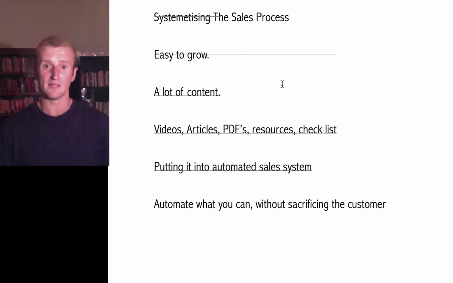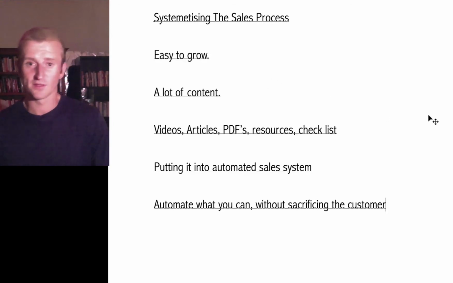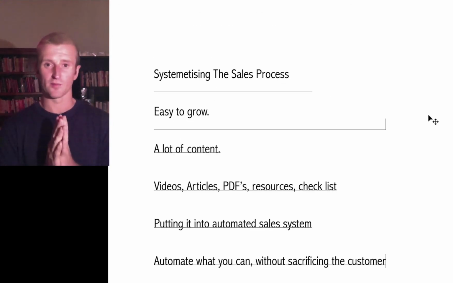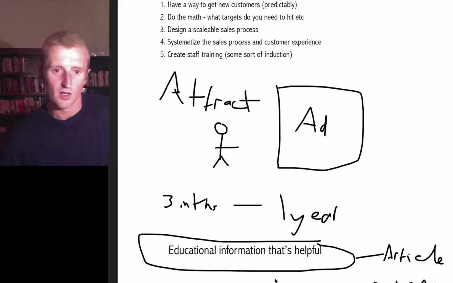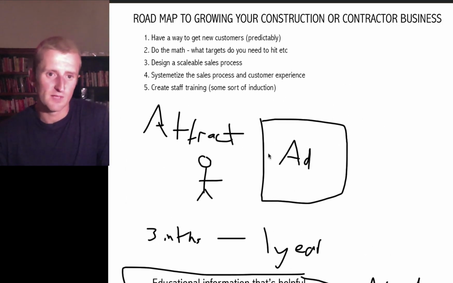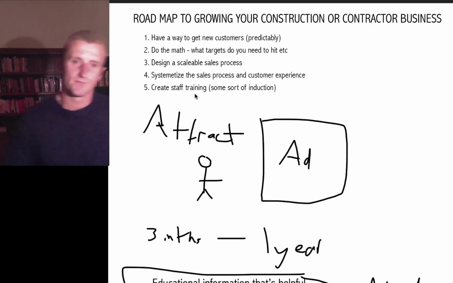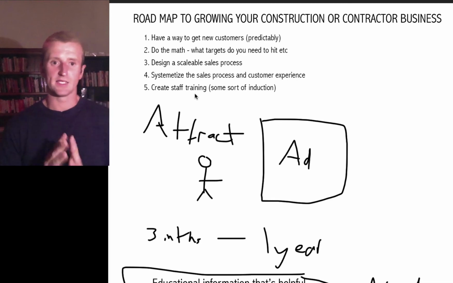And now, for the fifth part of this, the basic roadmap, the fundamentals, let's have a look. We're going to be doing some staff training. Basically, this is kind of like an induction, and this is a very simple concept.